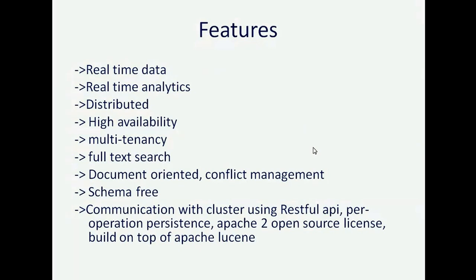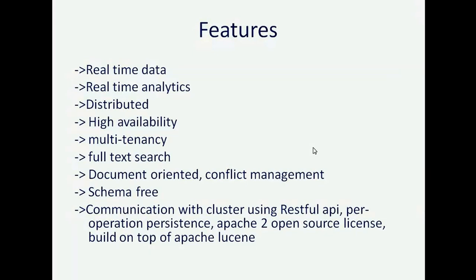So let's talk about the features of Elasticsearch. Basically, we can say that it is real-time data search and real-time analytics. It means that we can use it for log search and product catalog, and it is distributed and has high availability.